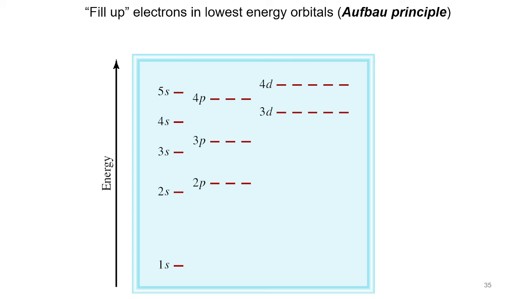So that also works here in our energy levels when we talk about electrons. We first need to fill up the electrons in the lowest energy orbitals using the Aufbau principle.